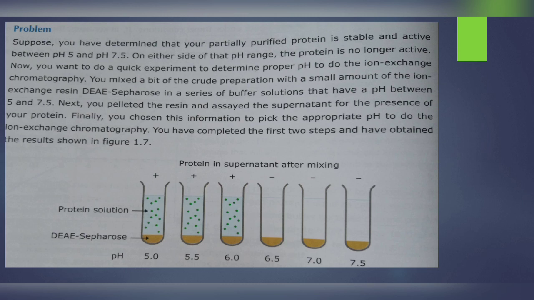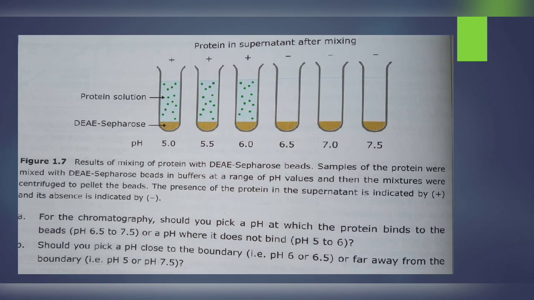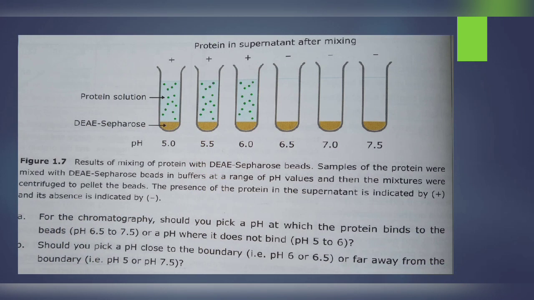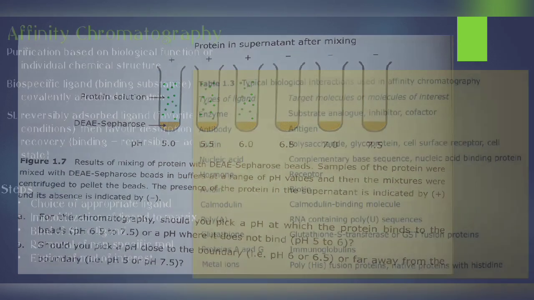After centrifugation we can see that at pH 6.5 the solutes interact toward the ion exchanger, so we can use 6.5. If we use 7.5, it leads to strong binding, so the elution makes a problem. We need a large, more harmful buffer. It may inactivate our protein and create a lot of problems.